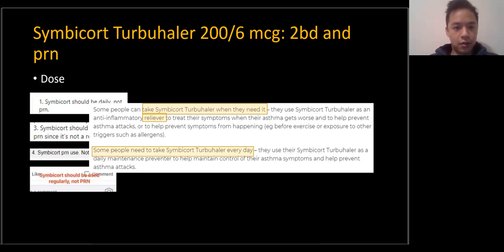Often you're just taught that it's salbutamol or Bricanyl, which are relievers, and then everything else is a preventer. But Symbicort does work quick enough for it to be used as a reliever as well. So it's one of those things that we just need to be a bit careful of. There were obviously a few students that were saying that.